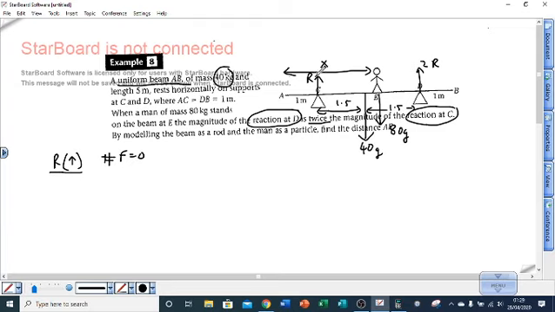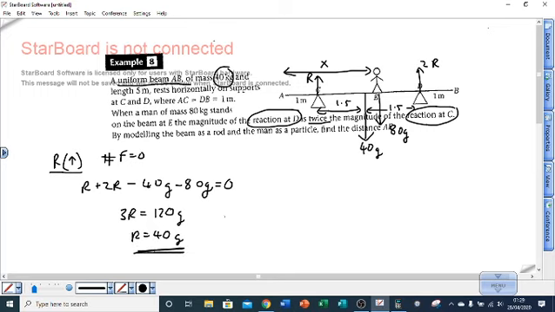The only positive ones are R plus 2R, minus the 40G, minus your 80G, and we know the sum of those forces equals 0. So I've basically got 3R is equal to 120G, and R is equal to 40G. Okay, so we've got that. I'm not going to go any further with that.